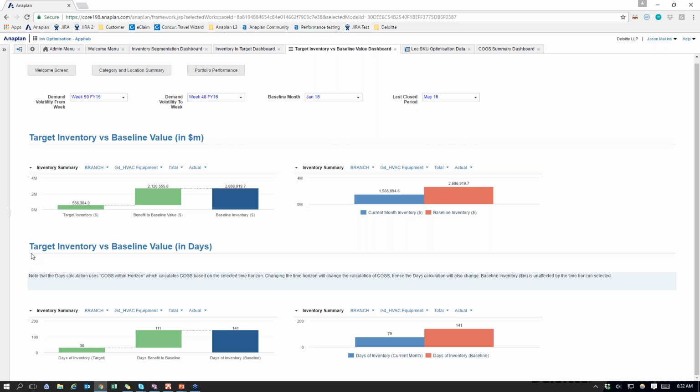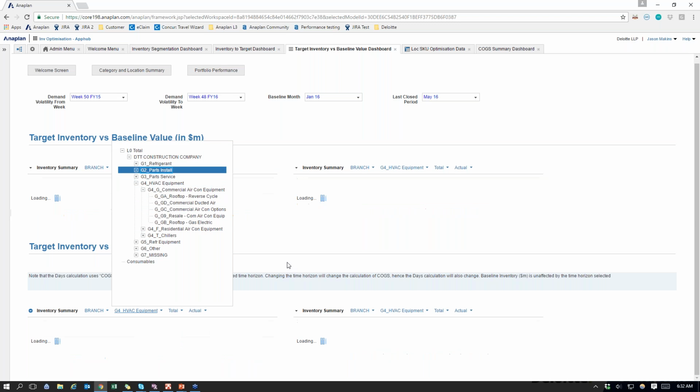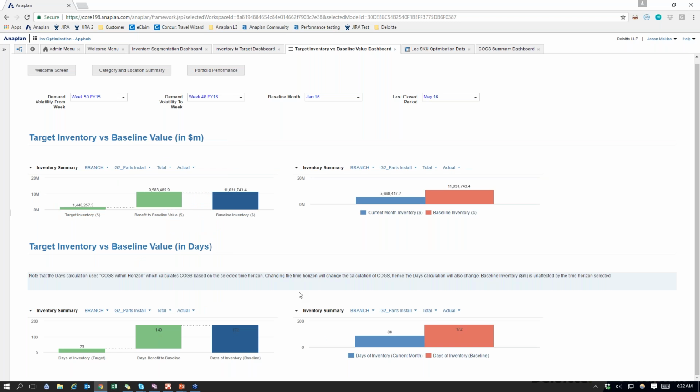And similarly, measuring absolute values in dollars is helpful to size the prize. But when you're looking at supply chain and you're looking at inventory, you really want to look at the number of days of inventory that you're keeping, and the model's doing both of those calculations for us. So in the same way that I just drilled down on HVAC equipment and we looked at the number of days, spare parts for installations will look very different.